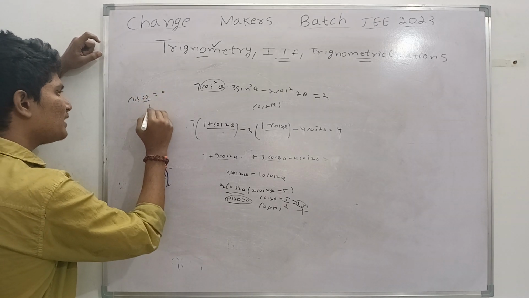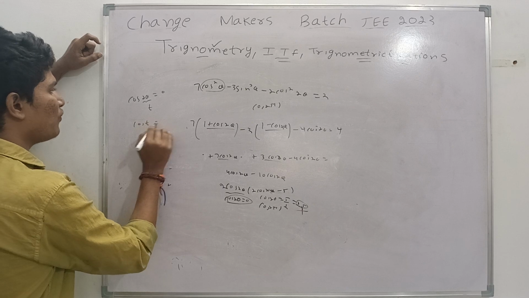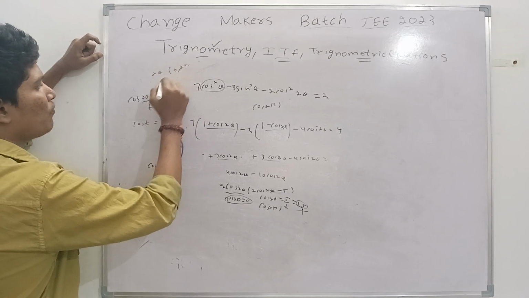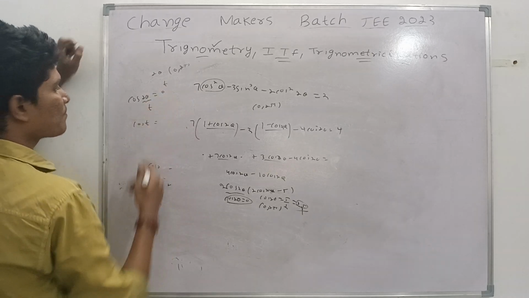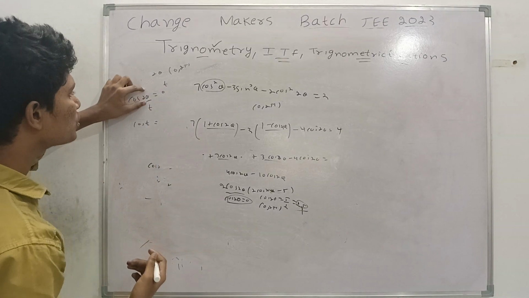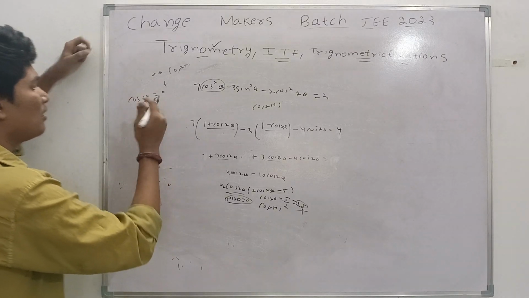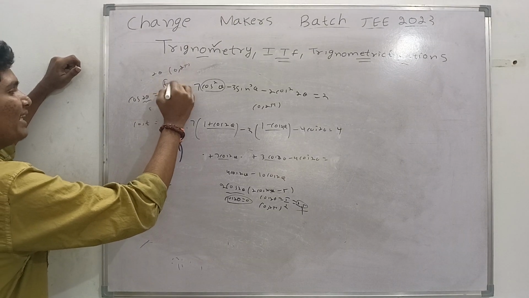Suppose we assume this 2 theta as t, cos t. If 2 theta is from 0 to 2 pi, what about t? I am assuming 2 theta as t. For theta, what is the range?